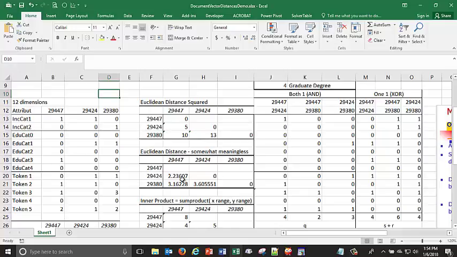And what's interesting here, though, is that this number 3.16 doesn't really give us anything intuitive other than saying that, well, 2 and 3, 24,424 and 380 are the furthest apart, and 1 and 2 are the closest apart. So this is a measure of Euclidean distance that we're pretty well familiar with already.